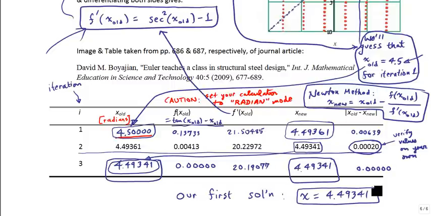All right, that concludes the discussion for a solution to the transcendental equation tangent of x minus x is equal to 0. I hope that was helpful, and we will see you in a future video.